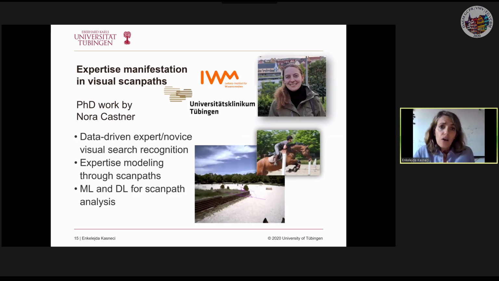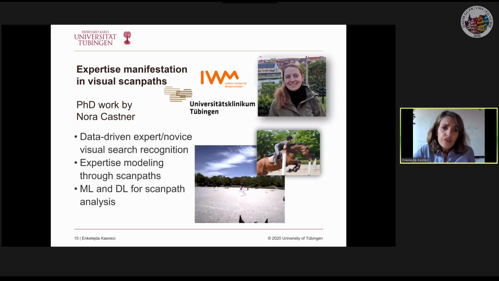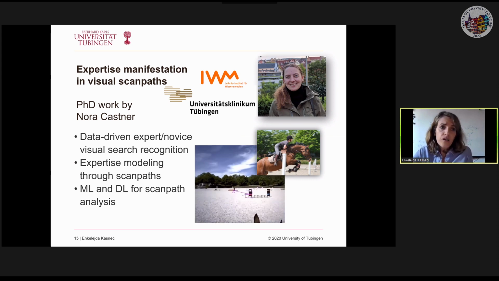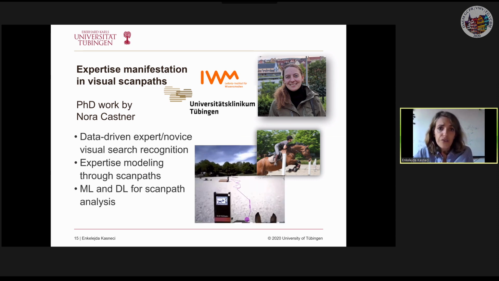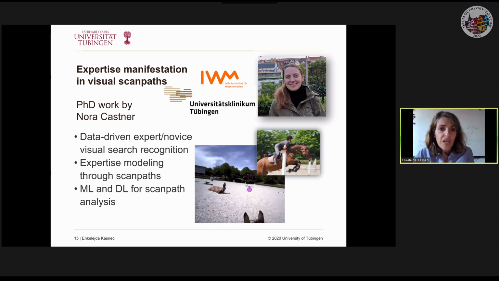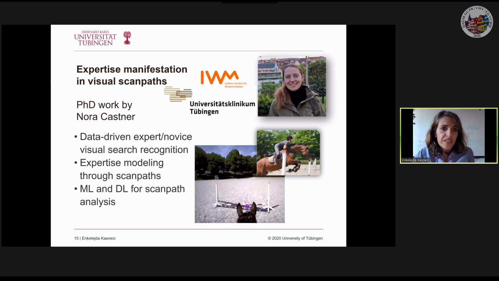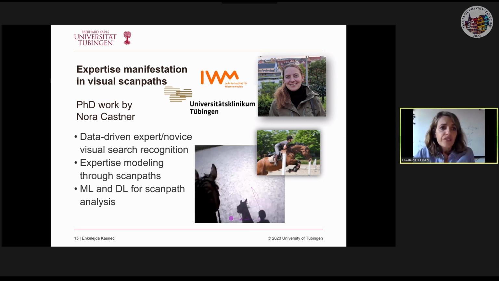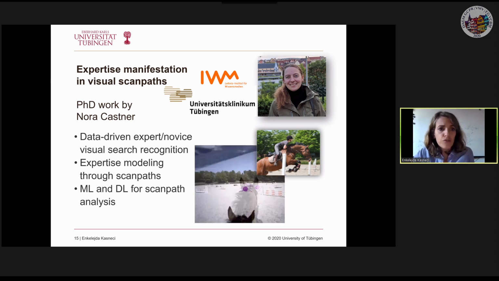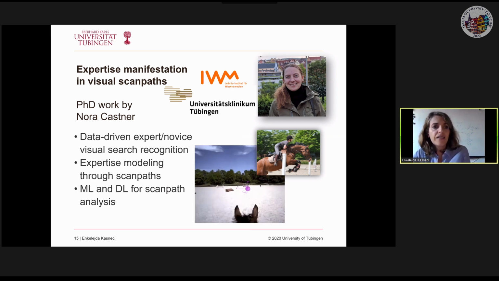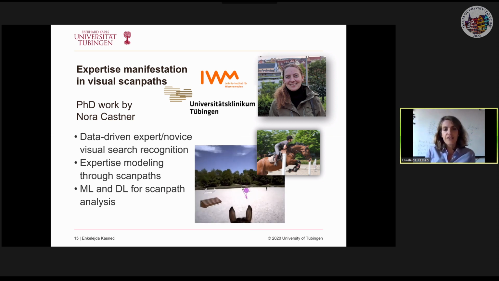And the work or the details that I'm going to show you in the remainder of my talk are basically the PhD work of Nora Kastner, a PhD student in my group, who's been working for a while on expertise manifestation in visual scanpaths, and has looked at data-driven expertise and visual search recognition, expertise modeling through scanpaths, and ML and DeepL for scanpath analysis.